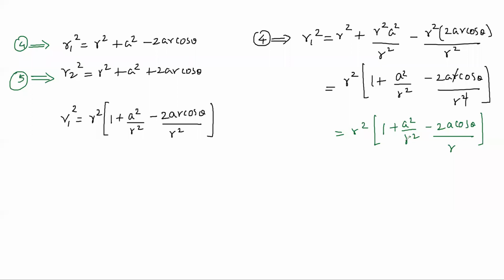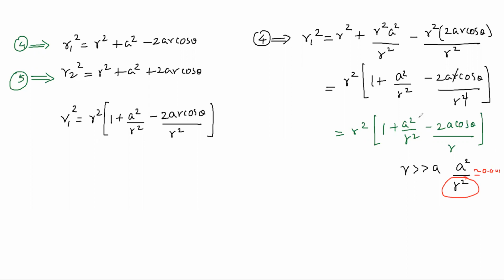Okay. Now when we consider points r, which is much greater than the length of the dipole, in the a square by r square term here, the denominator of this term will get very large. So if you divide a small number by a very large number, what you get is close to 0. Yeah, that's right.